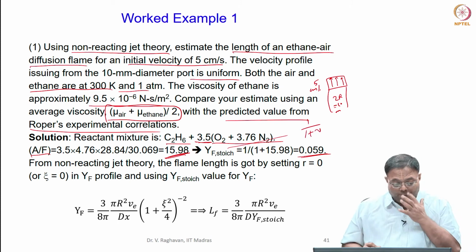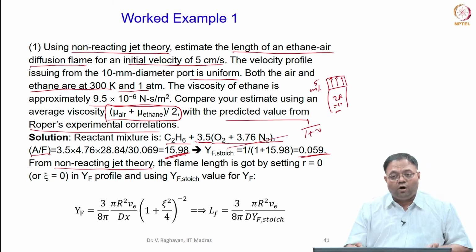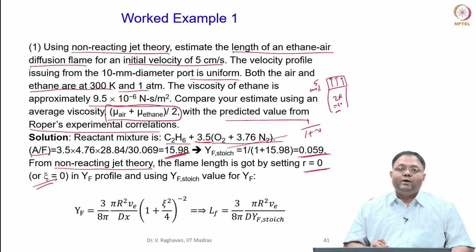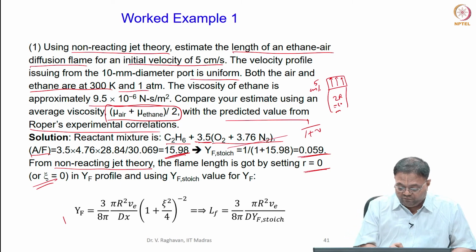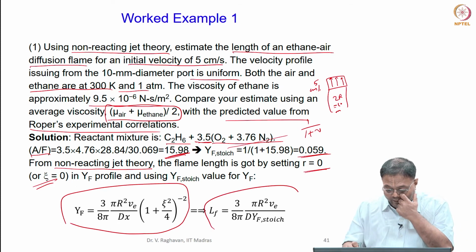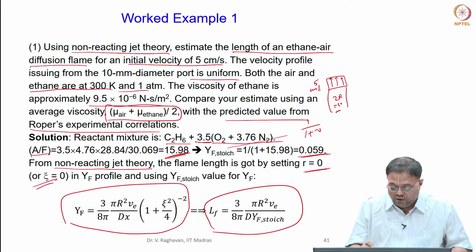Now, from non-reacting jet theory, the flame length is got by setting r equal to 0, that is psi equal to 0, in the y profile. This is the y profile we have got. Now, put psi equal to 0 and I get the flame length. Not only psi equal to 0, please understand, I also have to set y equal to y stoichiometric.